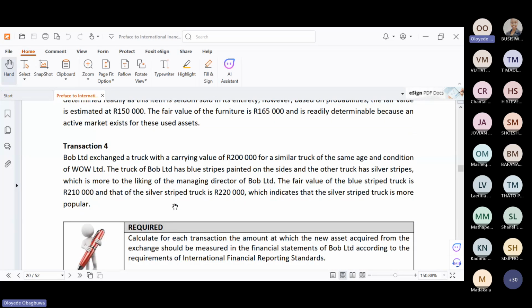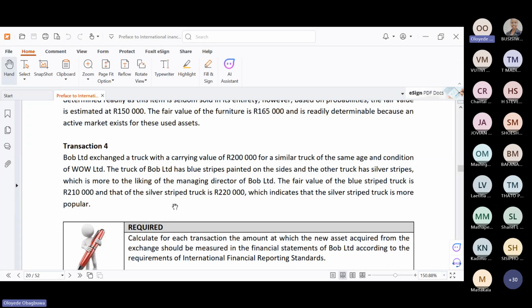Let's look at transaction 4. Bob Limited exchanged a truck with a carrying value of 200,000 for a similar truck of the same age and condition of Wow Limited. Okay, let me finish reading. I will ask one question.